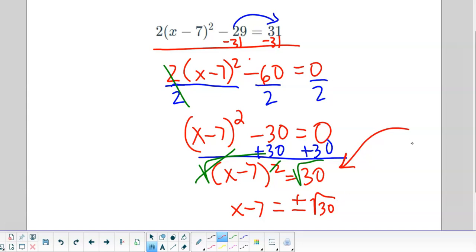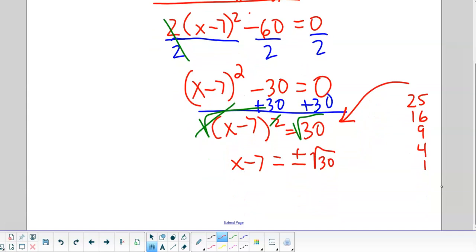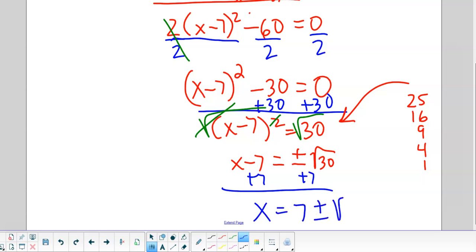The only perfect squares less than 30 are these: 25, 16, 9, 4, 1. None of these perfect squares divide evenly into 30, so it looks like I just have to isolate my x, and I'm done. But notice I have a plus or minus sign in front of that square root of 30.